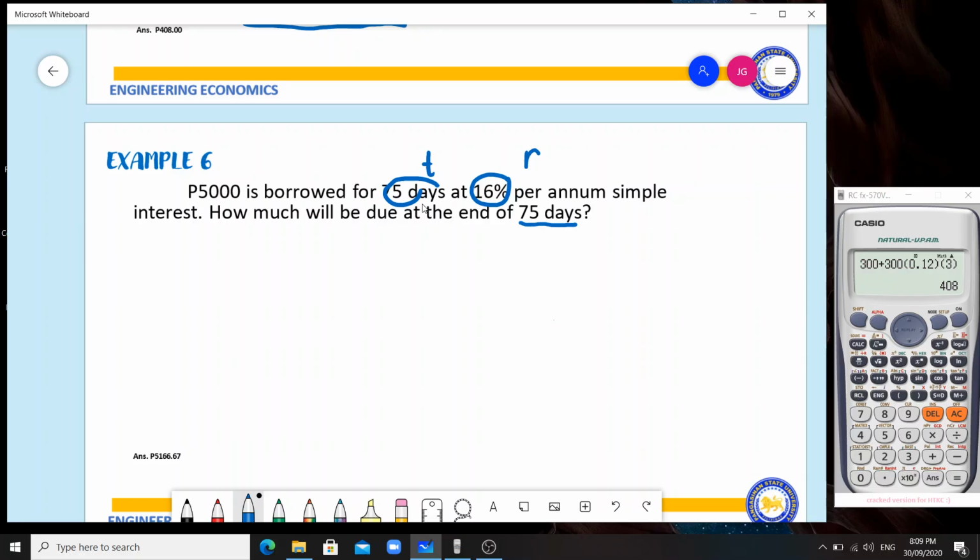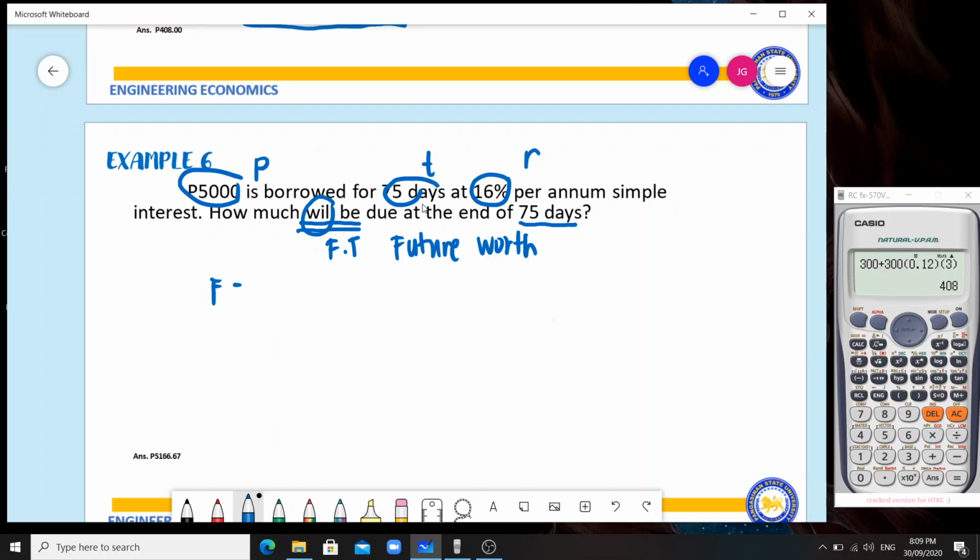So, given na yan. How much will? Nakita na naman natin si future tense. So, ibig sabihin, ang hinahanap dyan ay future worth or the accumulated amount. So, ibig sabihin, si 5,000 is the principal worth or the present worth. Ganun lang siya.